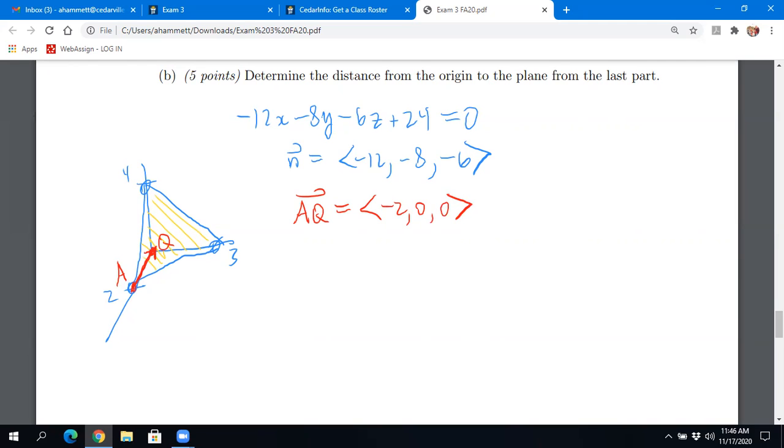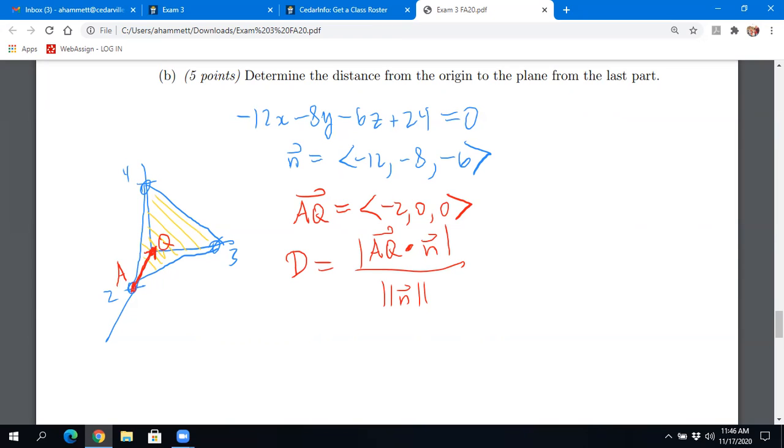And then remember, the distance formula said what you should do is take the absolute value of the dot product of this with n, and you should divide it by the length of n. We did a little bit of right triangle trigonometry that gave that formula to us.